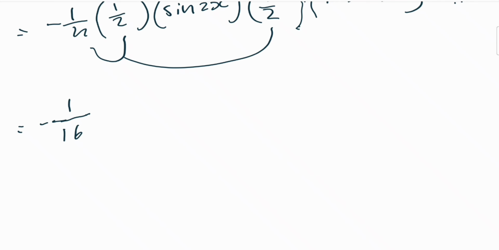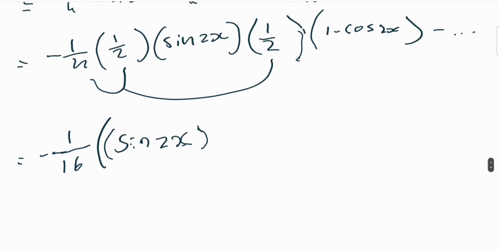So negative 1 over 16 multiplied by sine of 2x, multiplied by 1 minus cosine 2x, and then minus the rest.